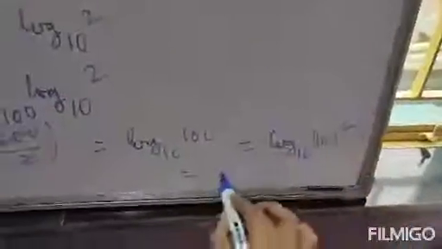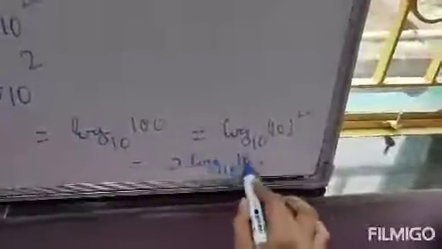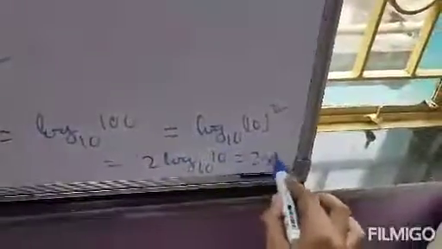Also we can write 100 as 10 square. Then apply the power formula, so 2 comes first, that is 2 log base 10 of 10, and the value of log 10 is 1, so 2 into 1, the answer is 2. Your answer is 2, because the value of log 10 is 1 by default. 2 is the answer. Clear? Next.